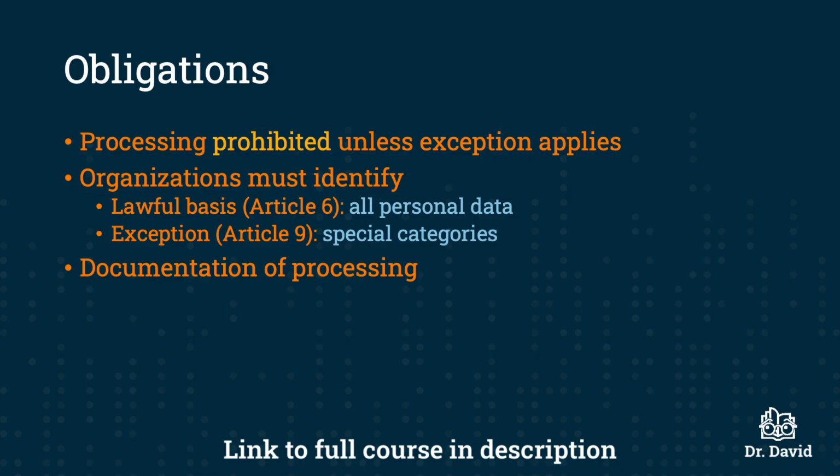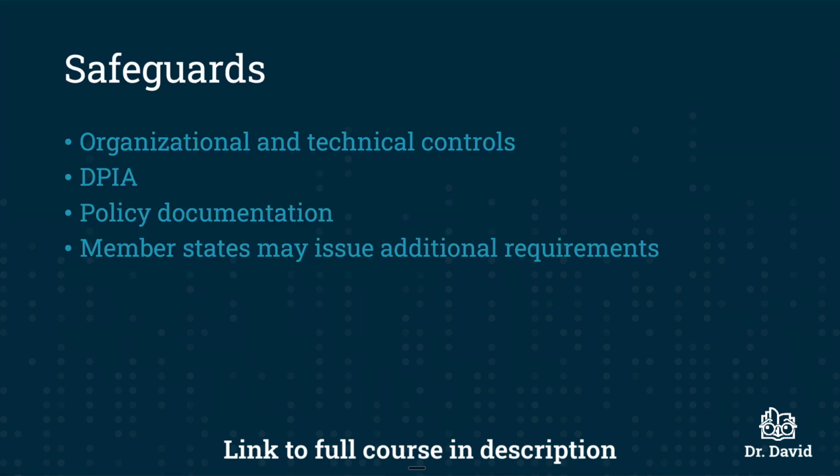The final obligation that we're going to discuss here is documentation of processing. That is, when these decisions are made by a data controller, what type of data to collect, why it's being collected, what is the lawful basis, what is the exception that permits processing, all of those decisions need to be documented. Finally, data controllers need to have certain safeguards in place.